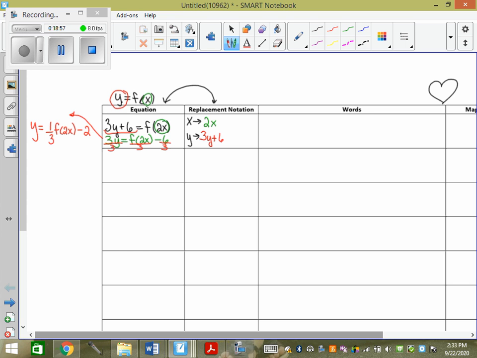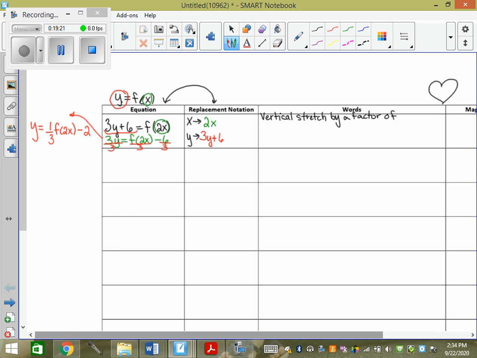Okay? So let's do our words first. I have a vertical stretch and a horizontal stretch because I have numbers in front. So I'm going to say a vertical stretch by a factor of, and it has to be written just like this. You can't do it in your own form.